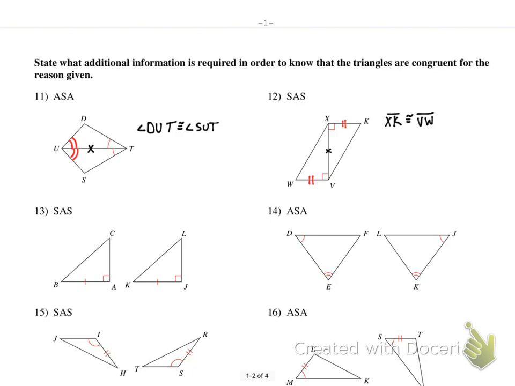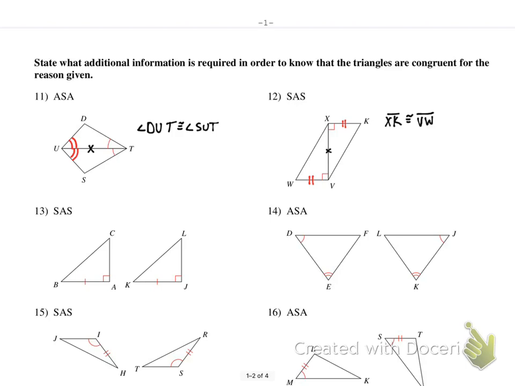Okay, so let's try the next two still working together as a class, and you can do the last four on your own. So we've got side-angle-side. These two are a little more straightforward. Side-angle-side, what's missing? Let's start with this. Is a side or an angle missing? Side.